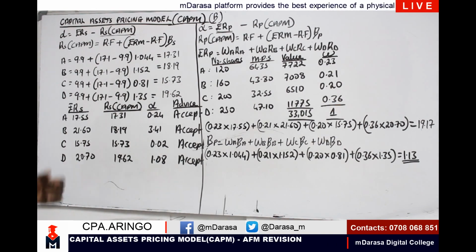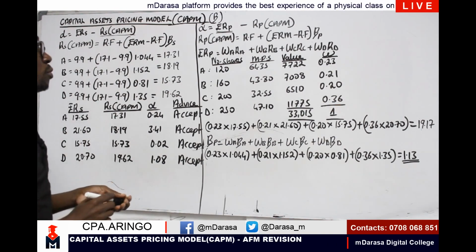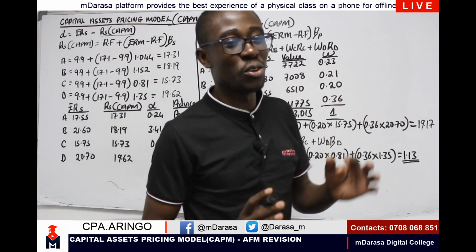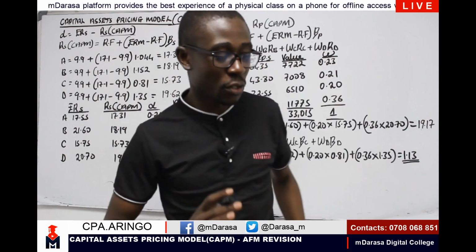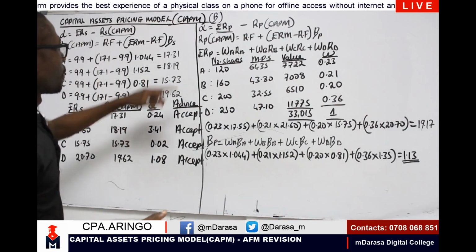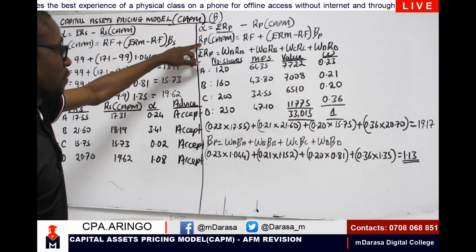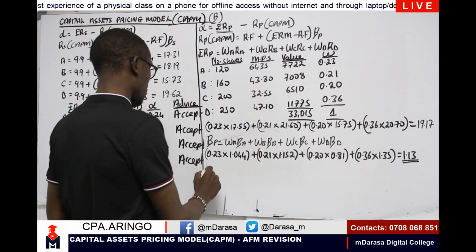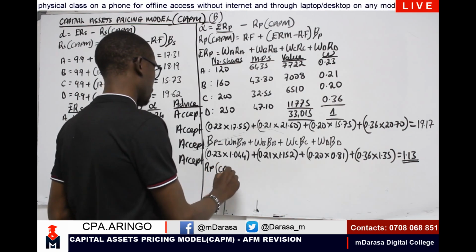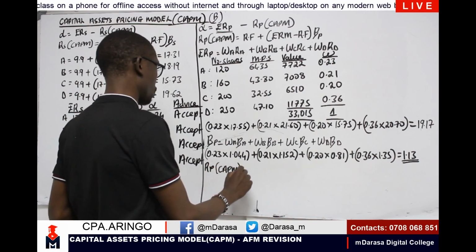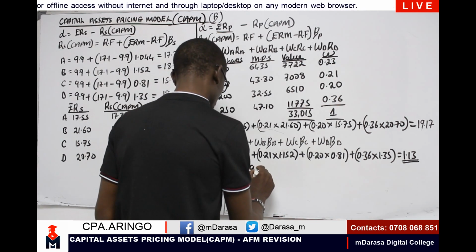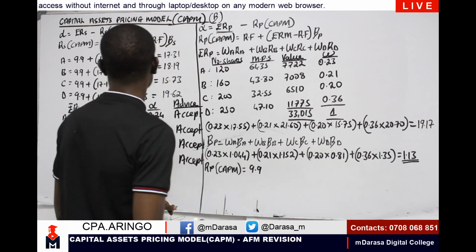So once we have that in mind, then things will be very easy here, right? This is the point whereby you should start smiling because you have all the variables. So what are we going to do? This is what we need to determine first of all: the return of our portfolio under CAPM. Risk-free will not change, 9.9.